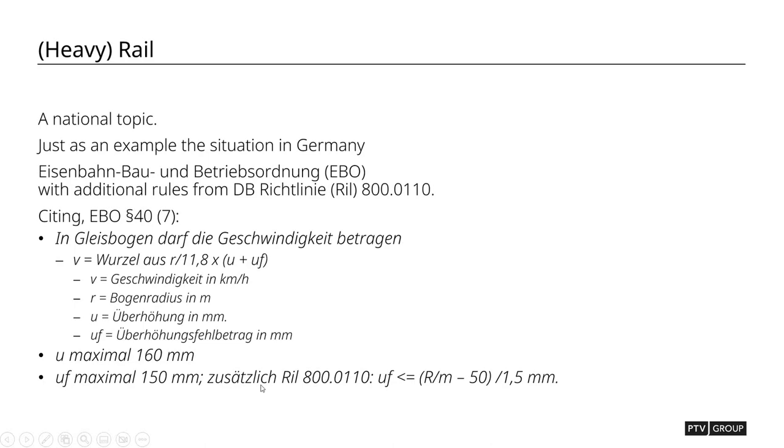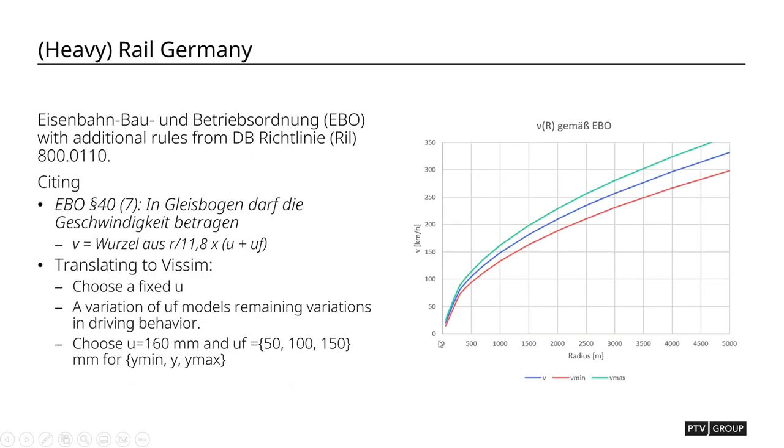And then additionally for very small radiuses, the UF is reduced, and with that we end up with these functions where for minimum, average, and maximum I have used just three different values for UF. Probably one has to change that if you do really a project according to the rules which are assumed in the planning project.